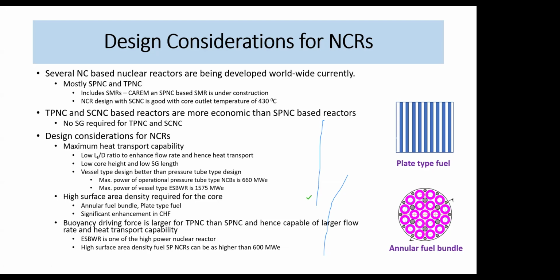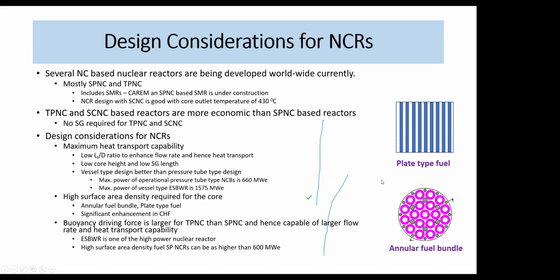They studied it because this can give you much larger power. The heat transfer area increases, and therefore a significant enhancement in critical heat flux, CHF, can occur if you use this, and that's why it increases the power.